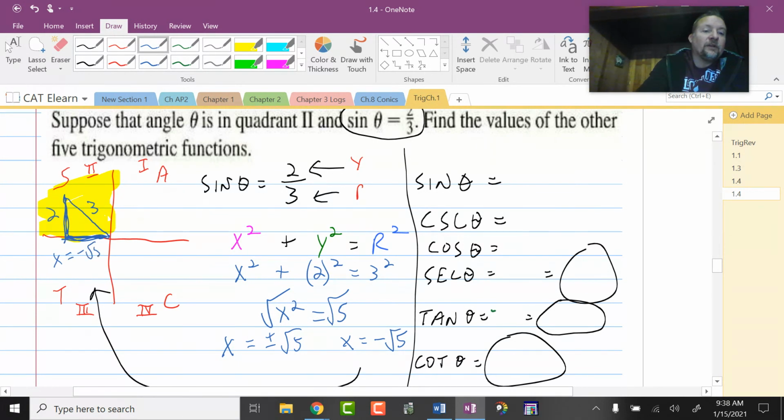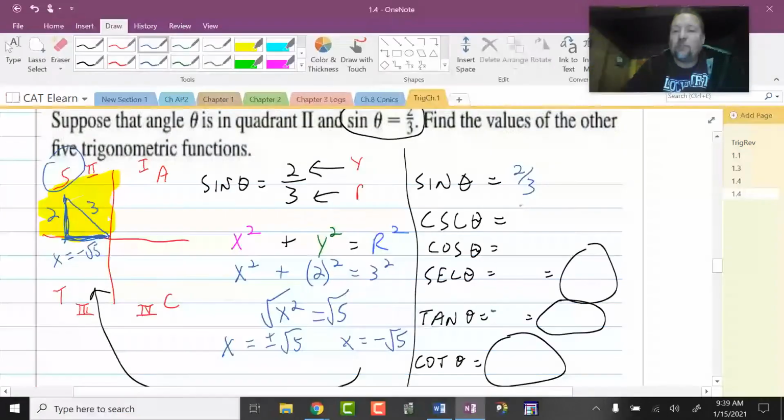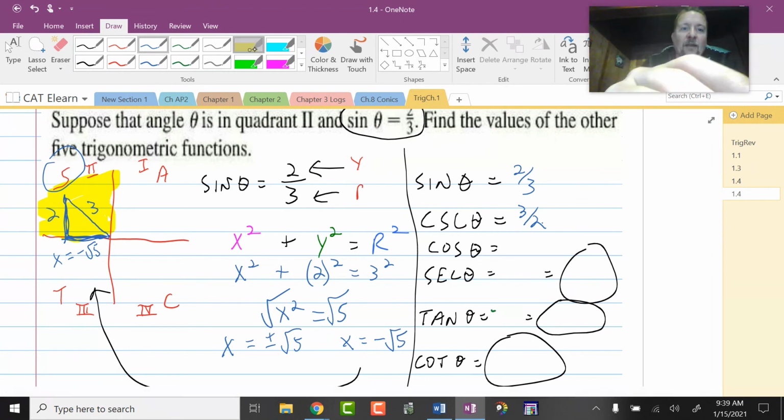Or, here's what else you should do. Okay, all students. Of course, sine. Well, sine's given. How could you miss that? So sine's 2/3. It says find the other 5 trig functions. So I didn't even need to write sine. Of course, cosecant's the flip of that. So I didn't need to do anything to find cosecant. That was our reciprocal identity. But what I would do right now is, okay, sine is positive, so is cosecant.